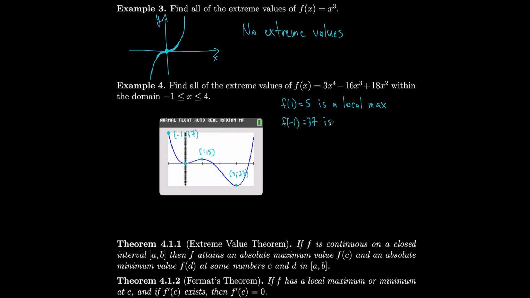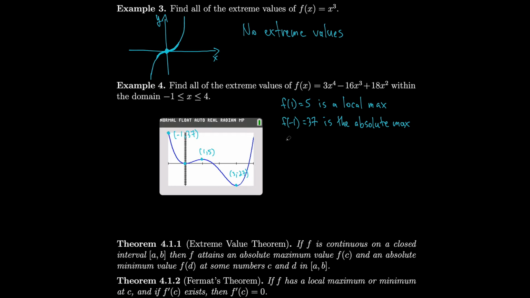So this is the absolute max. However, notice, because we cut it off, there are no values left of it that are smaller. In order to be a local maximum, all nearby values must be smaller on the left and right. So that means that this is not a local maximum, it is only an absolute maximum.